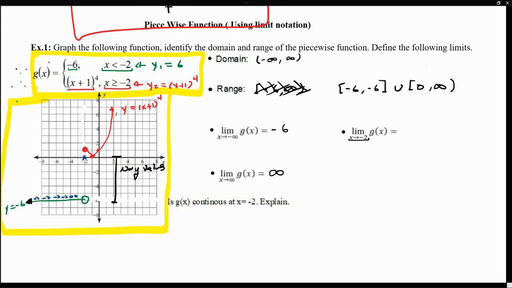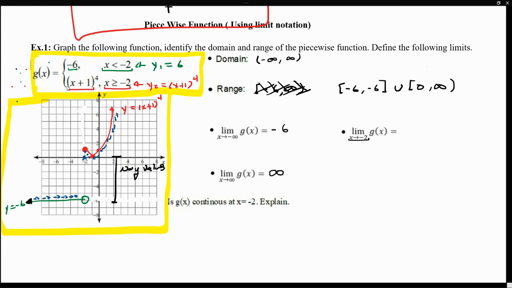Now, if I'm approaching -2 from the right-hand side, notice that I'm going to be on this red piecewise function. So if I'm getting closer and closer to -2 from the right-hand side, I seem to be approaching the y value of 1.